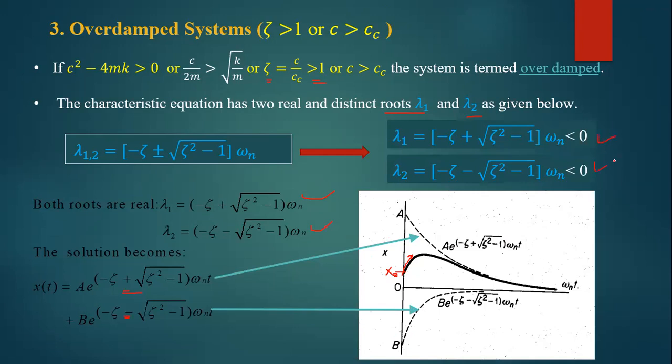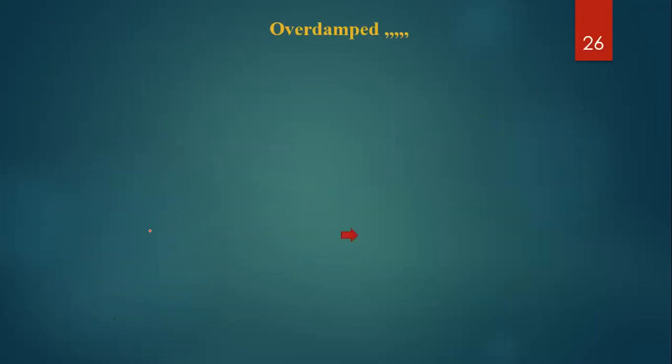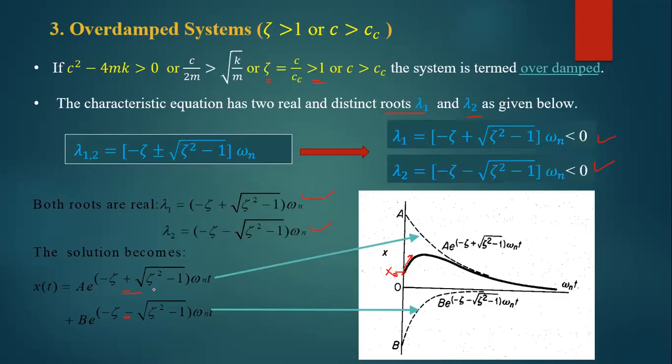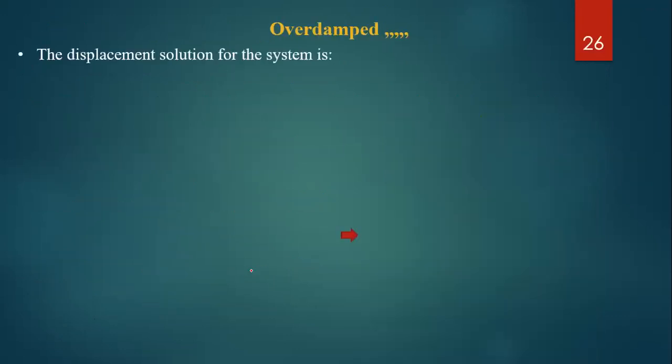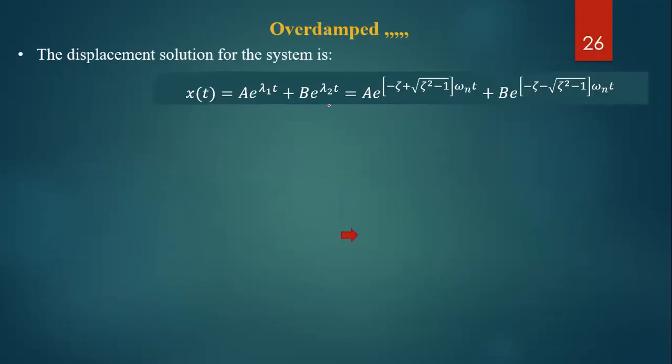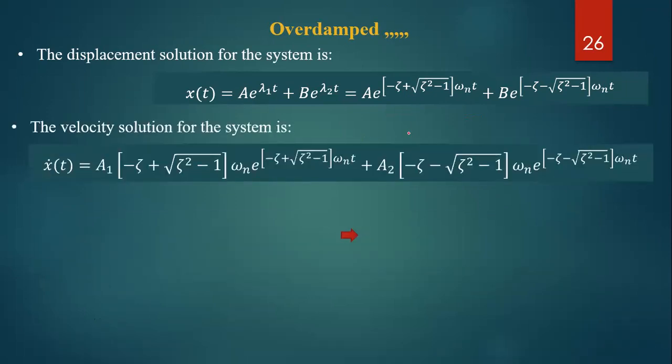These are the two roots. We implement these roots into the equation. Applying this equation and also using the Euler formula, these roots can be expanded, or we can directly use them as they are.